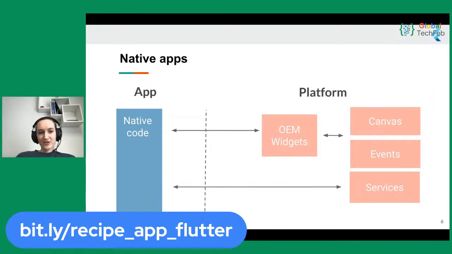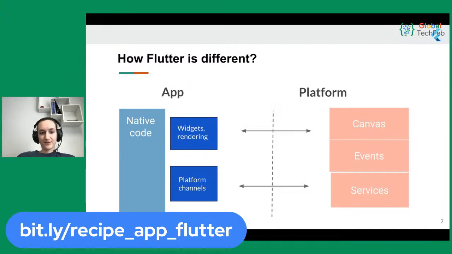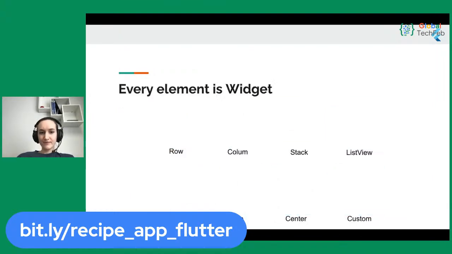And this architecture restricts reuse of widgets on different platforms. Flutter is different. Flutter draws its widgets by itself. What it needs from the platform is a canvas to show widgets. It also needs some services to be able to use location services and other events such as tap events.